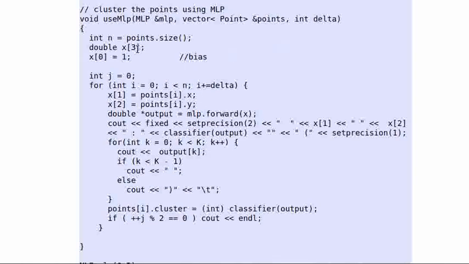So this is the use MLP routine. We use the MLP that we created, and we pass in the points in this vector points, and delta is the increment or separation for printing out the results.